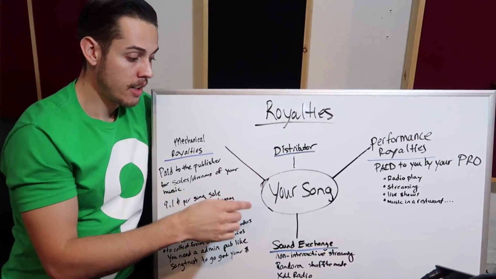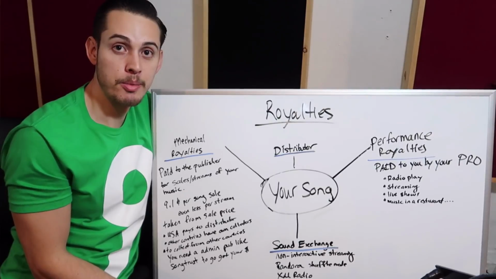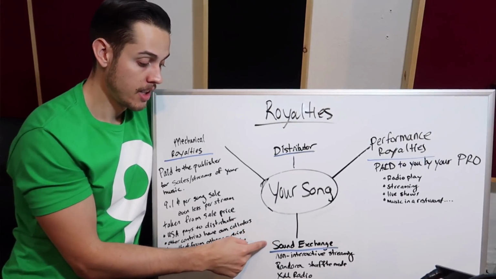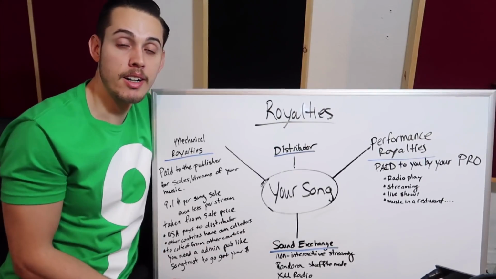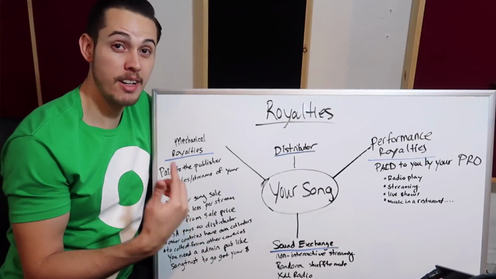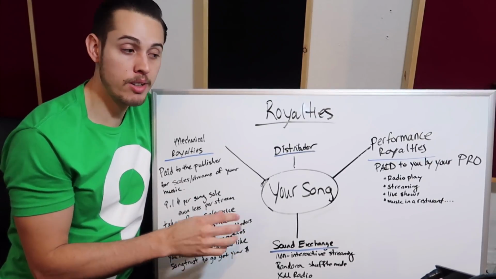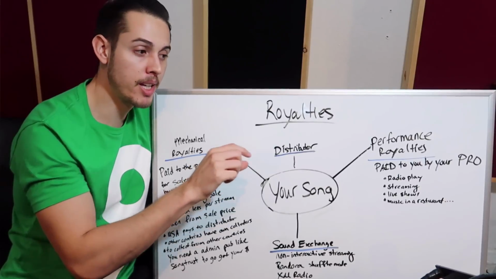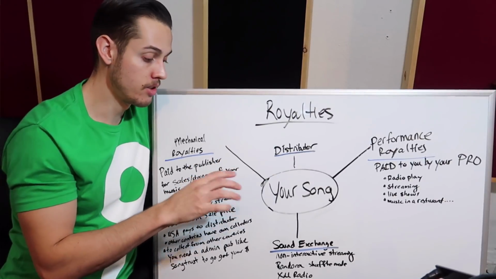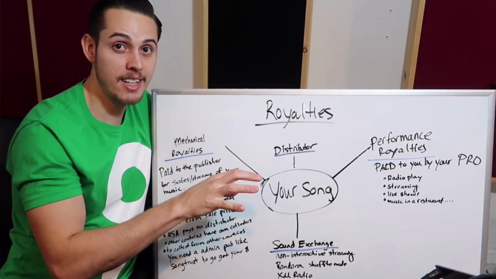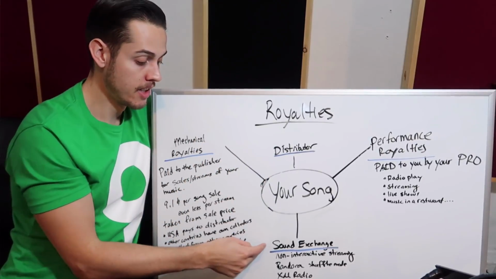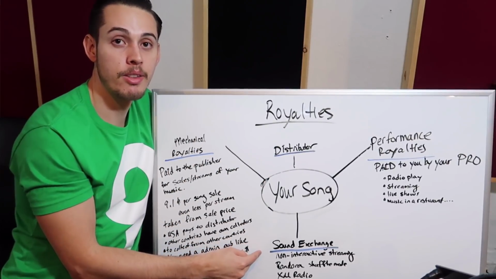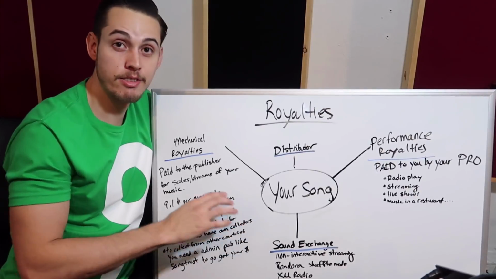Let's look at another source of income from your music, and that's SoundExchange. If your music is on SiriusXM or on non-interactive streaming sites like Pandora, with shuffle play, where you don't really get to pick exactly what song you're listening to, you just put in what you want to listen to and then it shuffles it, that's non-interactive. That's all paid out through SoundExchange. SoundExchange is free to sign up.